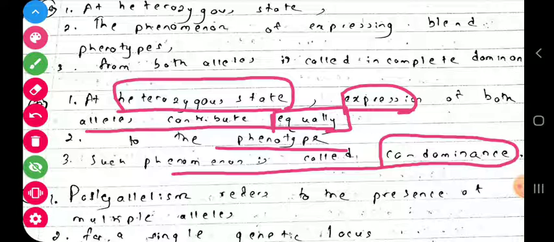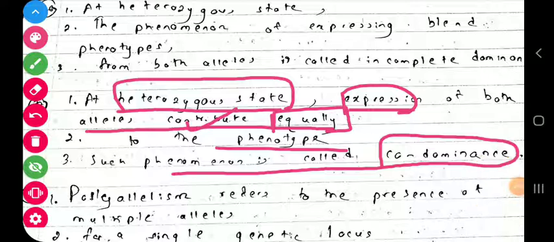At heterozygous state, expression of both alleles contribute equally to the phenotype, because the phenotype is decided by carbohydrate A and carbohydrate B. Such a phenomenon is called codominance.